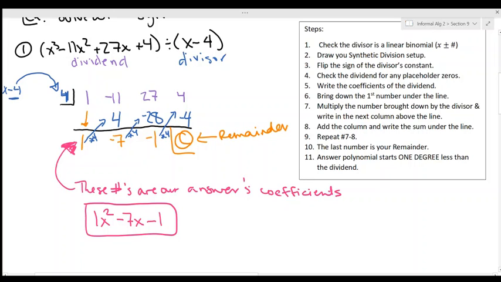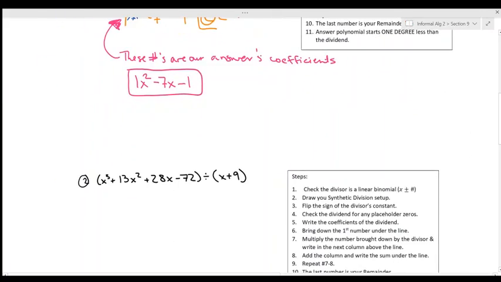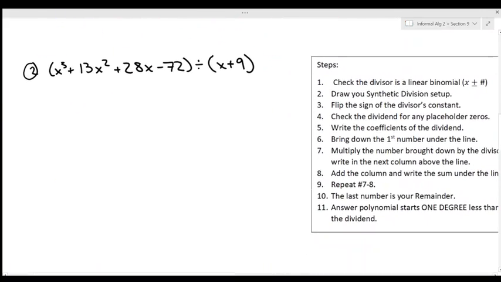All right, let's try another example. Here we go. So we have x to the third plus 13x squared plus 28x minus 72 divided by x plus 9. So let's check. Is our divisor a linear binomial, or an x plus or minus some number? It sure is.